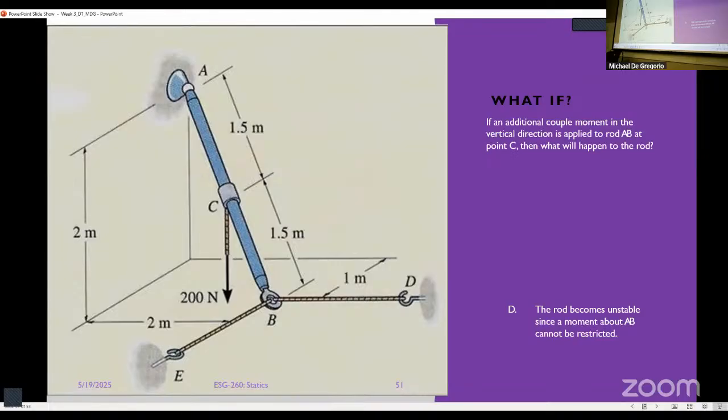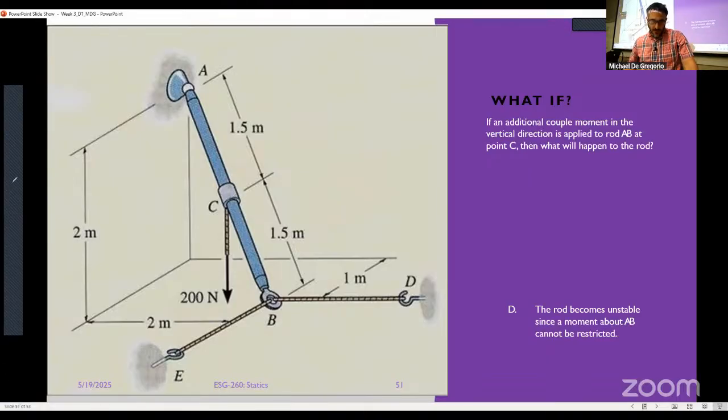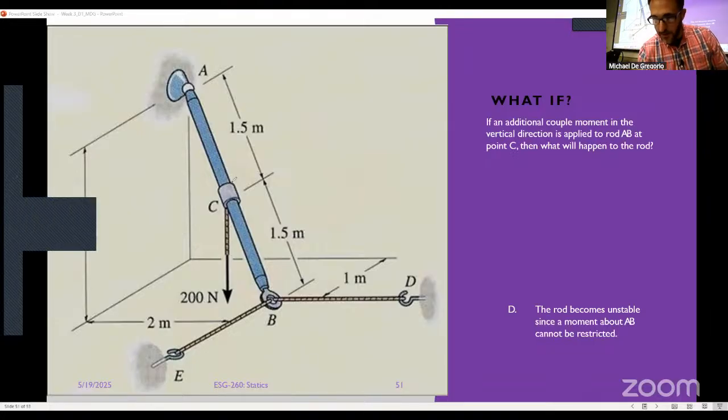If you were going to design this in the real world, you're expecting some sort of moment on here, you need to understand that the type of connection point that you use matters for being able to actually handle that, right? Because no matter the direction, let's say I put a moment on here. Let's say I start spinning this thing about this axis, right?